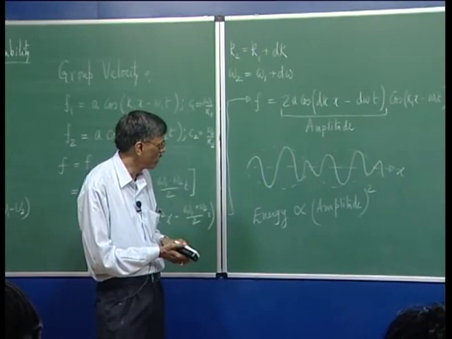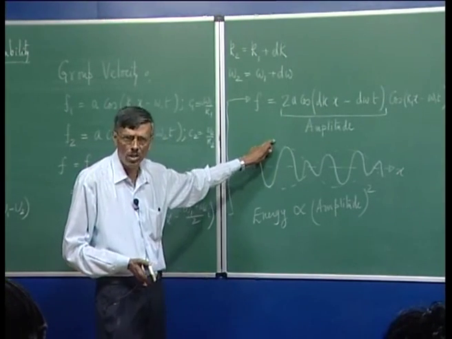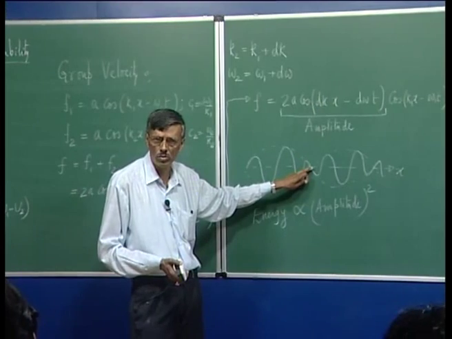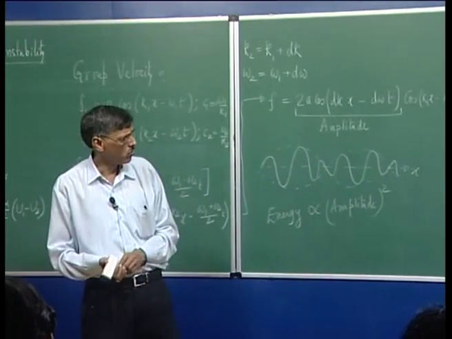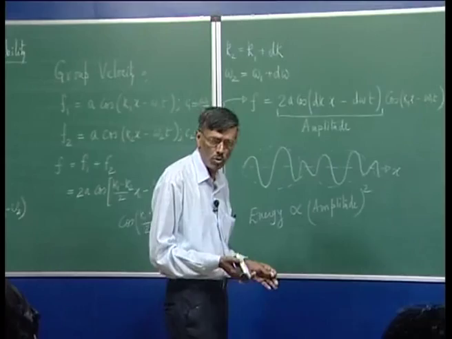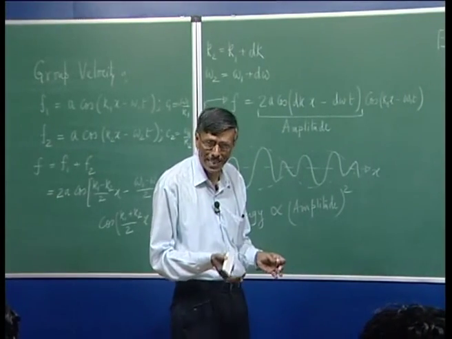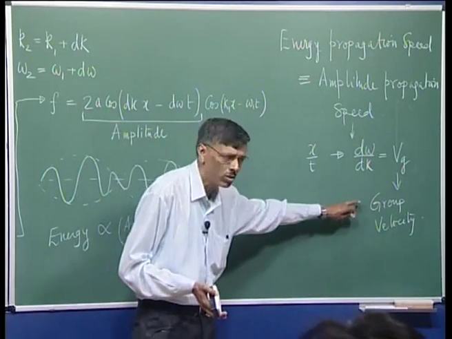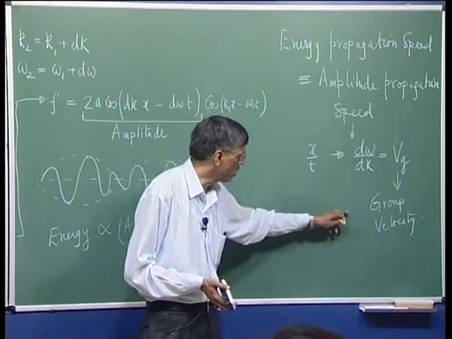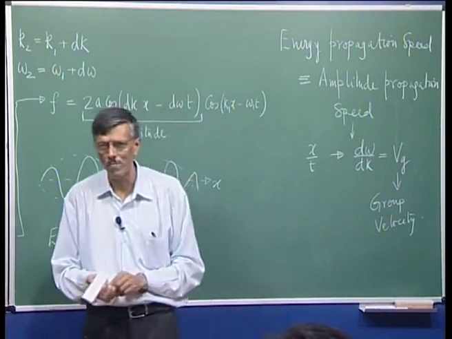Okay, those places where it doubles up are called the antinodes, and where it is 0 are called the nodes. And those groups of waves, or wave packets, propagate with group velocity. So, the group velocity is given by d omega dk.